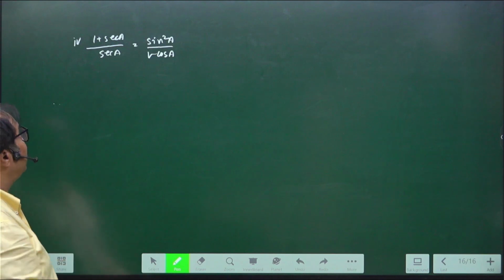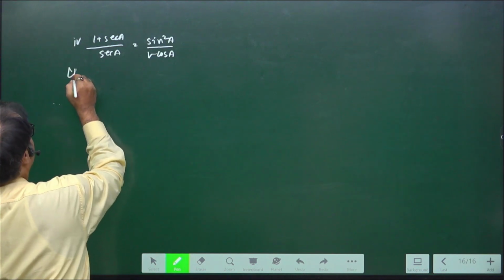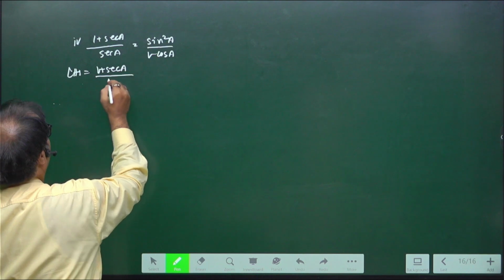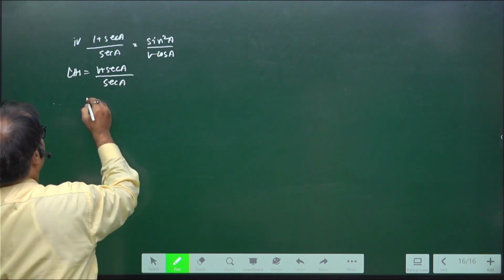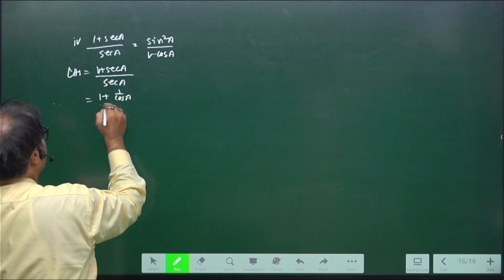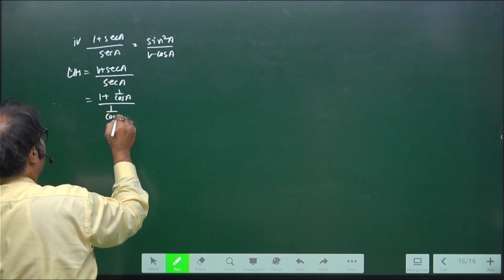So take the left hand side again. So left hand side, LHS, is equal to 1 plus sec A upon sec A. This sec A can be written as 1 upon cos A.